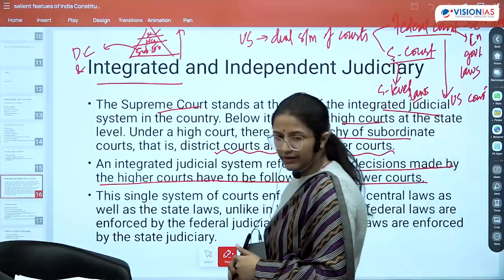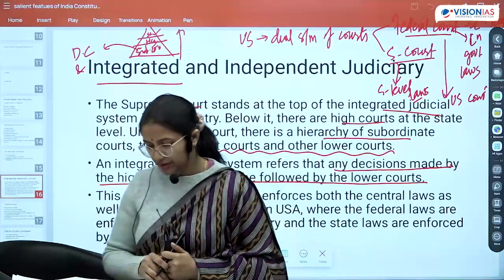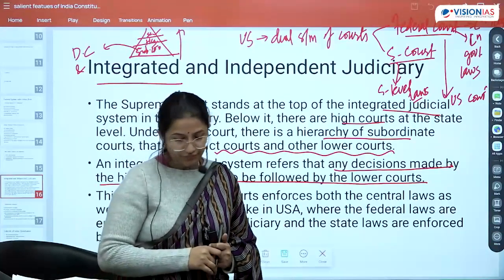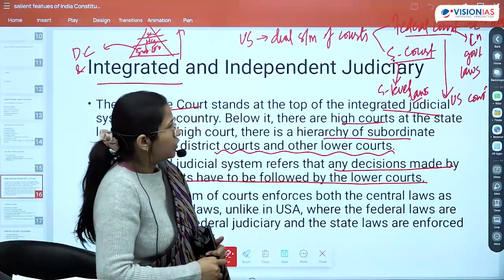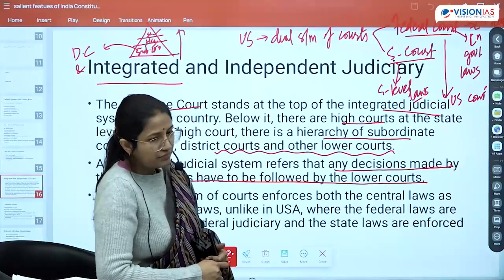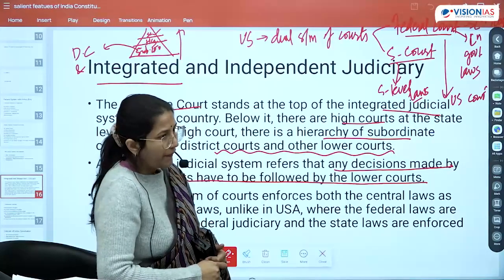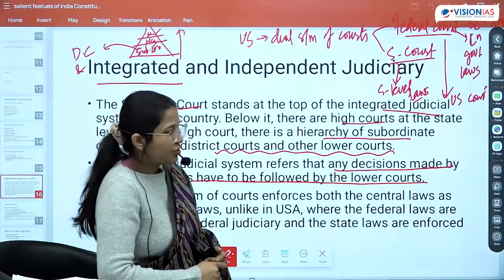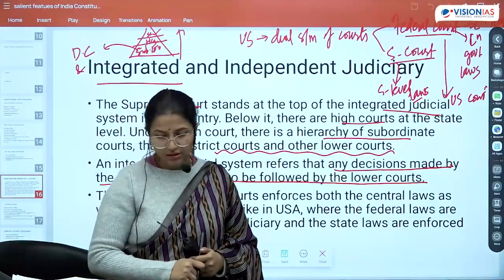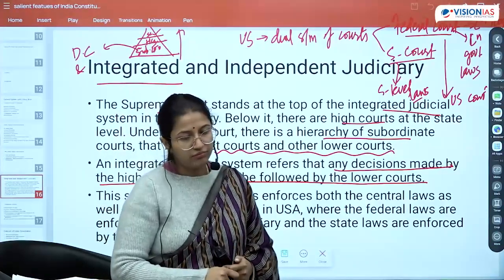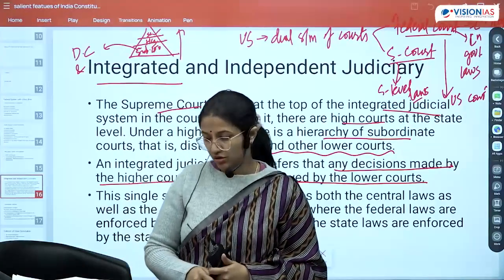And second subpoint, state courts, which enforce state laws.